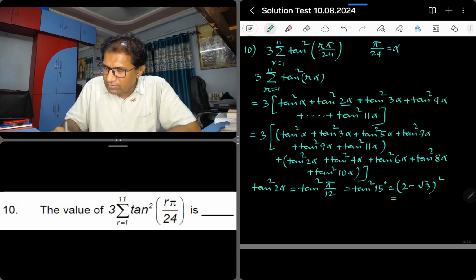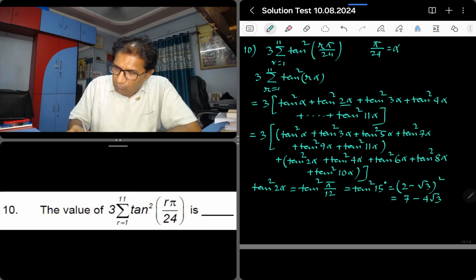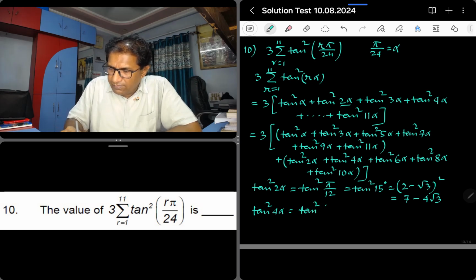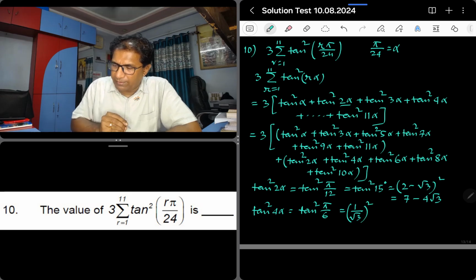So that's squared. Okay. Now, what about tan square 4 alpha? 4 alpha gives us tan square pi over 6, that is 1 over root 3 whole square.